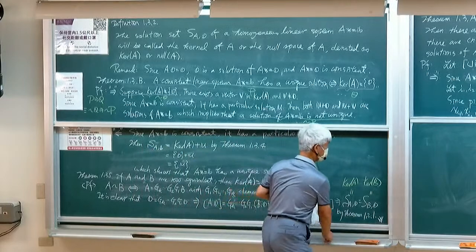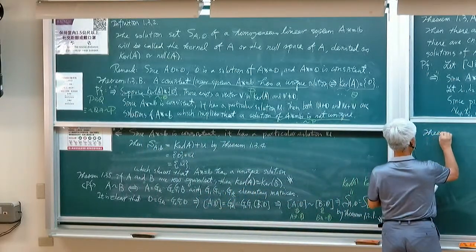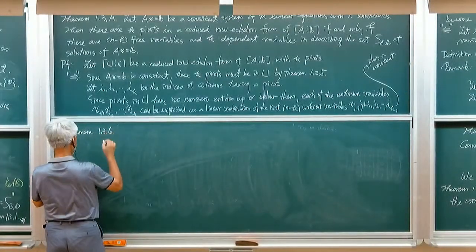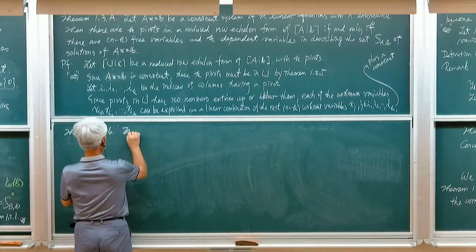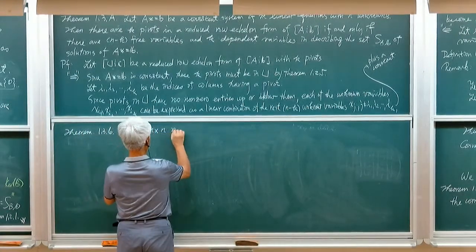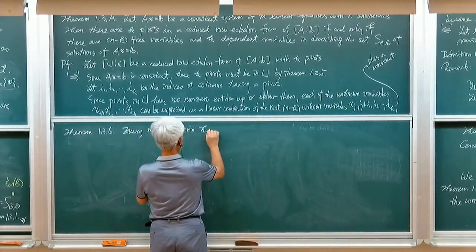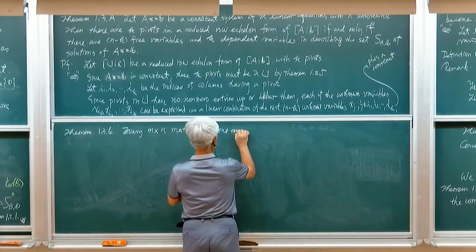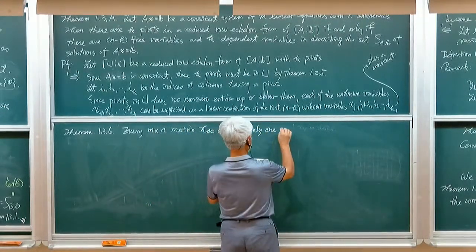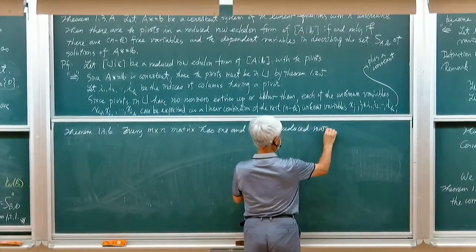So we are going to write down this theorem: every m times n matrix has one and only one reduced row echelon form.